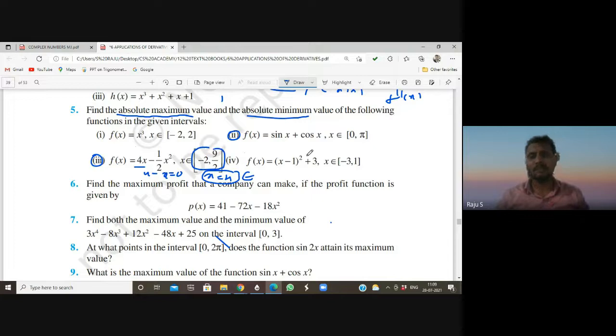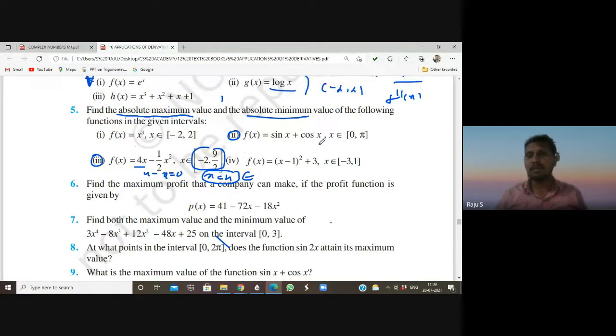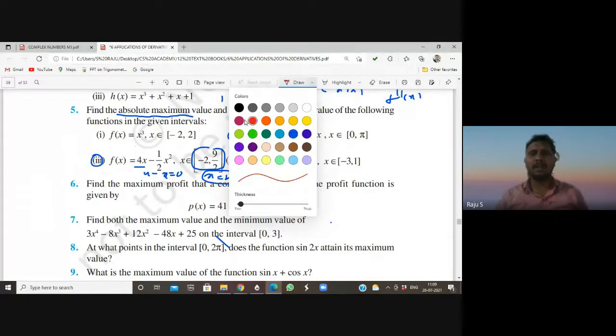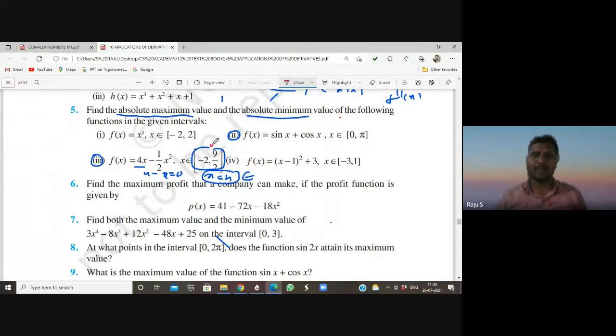Students? Yes, it belongs to the interval because 9 by 2 means 4.5. So the interval is minus 2 to 4.5. It belongs to the given interval. So find the function value at 4 as well as at the end points of the interval.